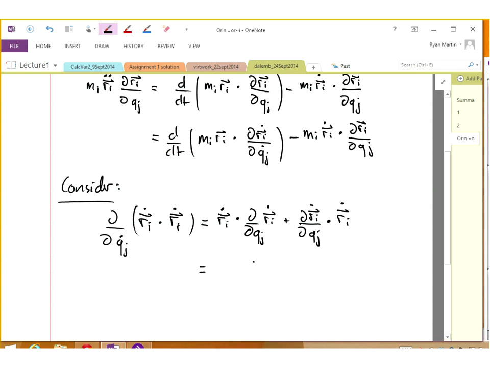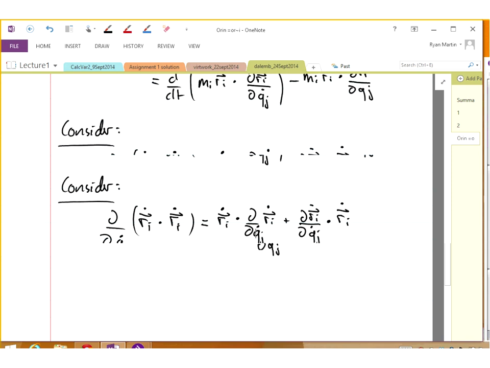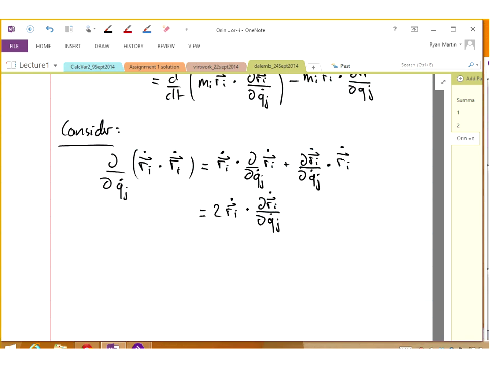So that's 2 times r_i dot dotted with ∂r_i dot/∂q_j dot. I forgot the dots on the q_j's. And the term that we just wrote is what appeared in the equation above.